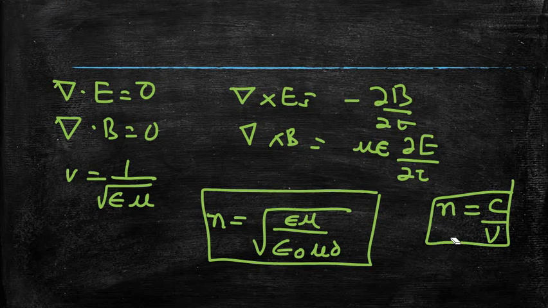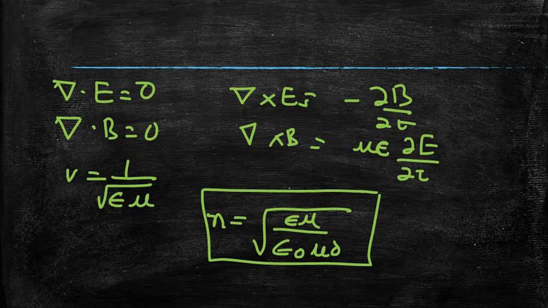So with this we can conclude what we have done today. We have derived the wave equation, then we have derived the wave equation inside matter, and then we have got the expression for the index of refraction also.